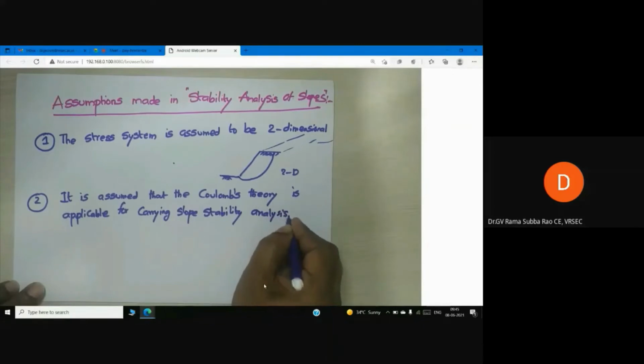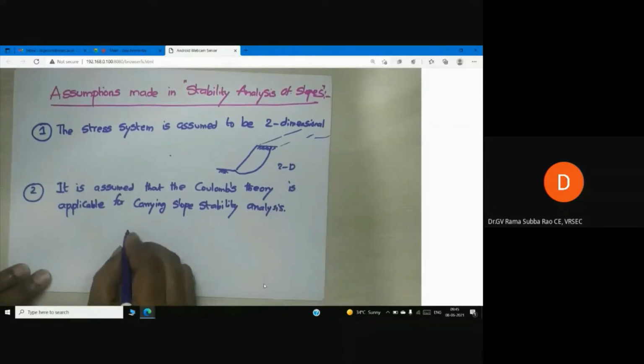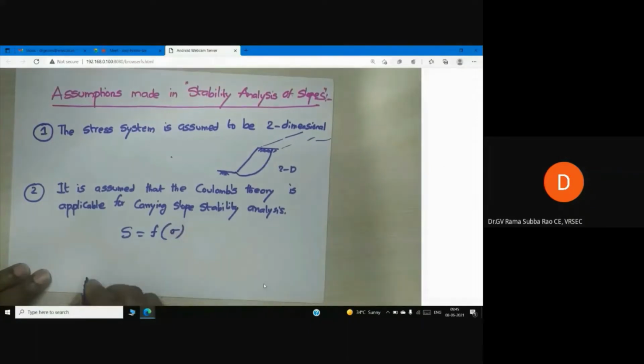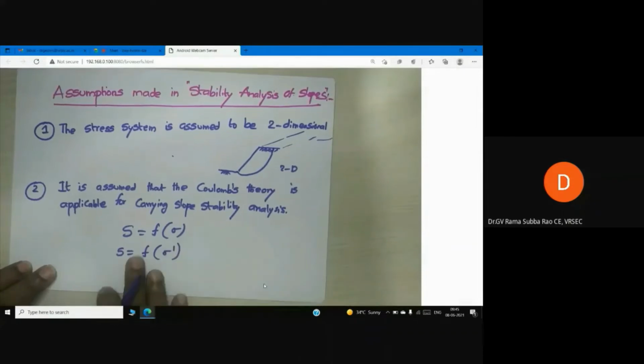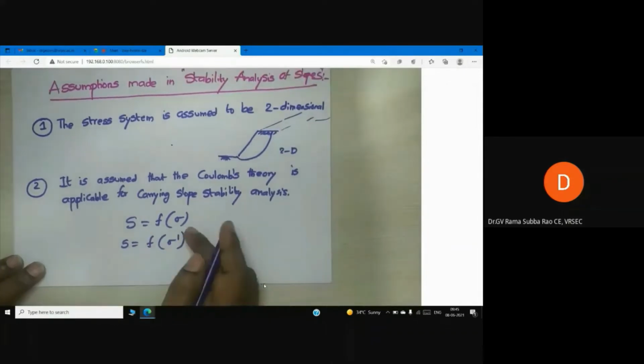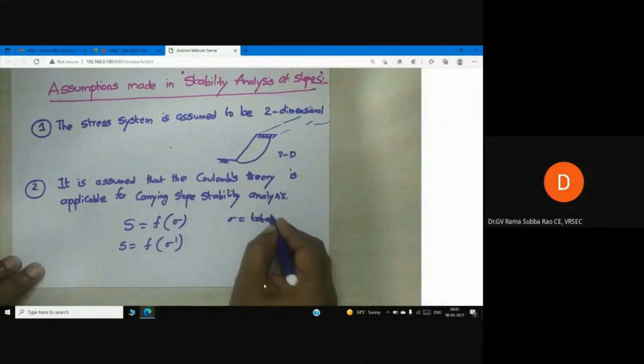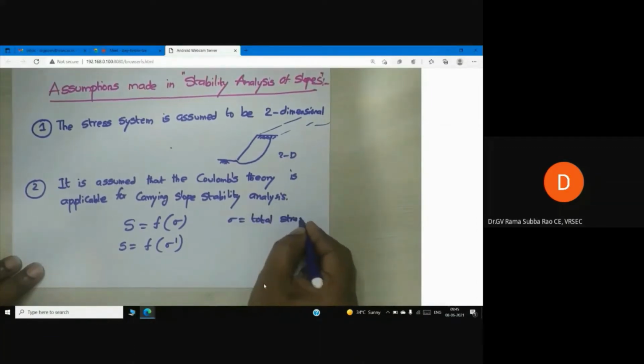It's good to discuss what is Coulomb's theory. S is a function of sigma. But strictly speaking, many times we use it to say S is a function of sigma dash. So what is sigma? No need to be surprised, sigma is total stress. Sigma dash is effective stress.